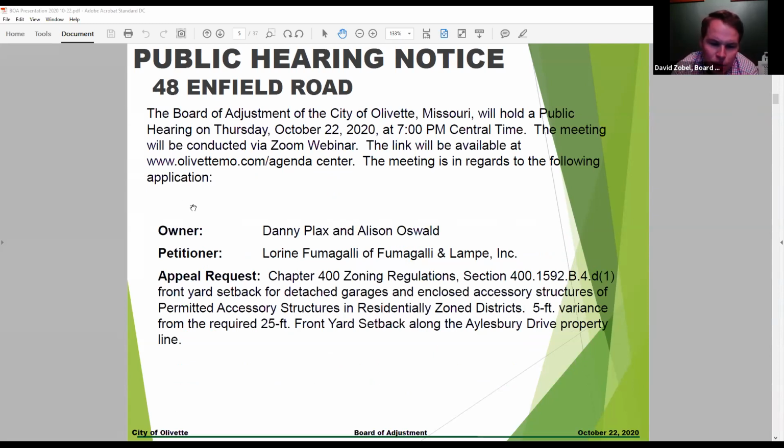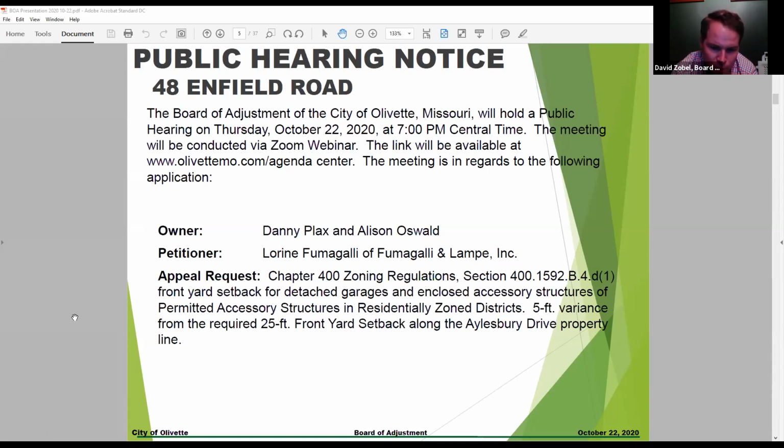This is application 1 for 48 Enfield Road. Property owner is Danny Plax and Allison Oswald. Petitioner is Lorene Fumagalli, I apologize about the pronunciation, Fumagalli and Lampe Inc. Zoning is single family residential district. Variance request is a 5-foot variance from the required 25-foot front yard setback along Owlsbury Drive property line.